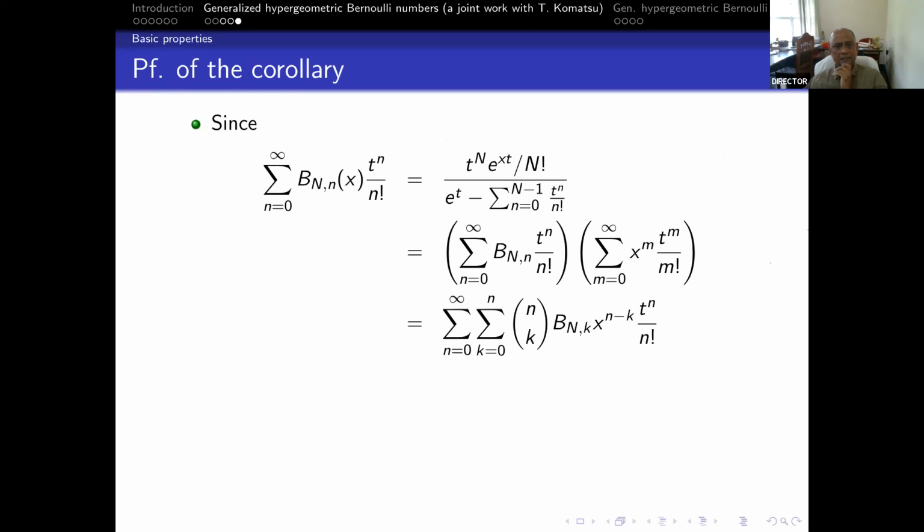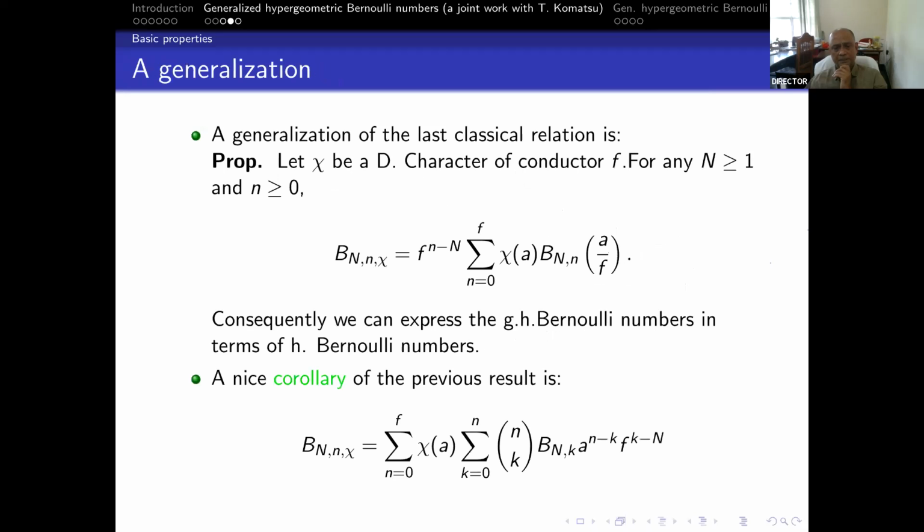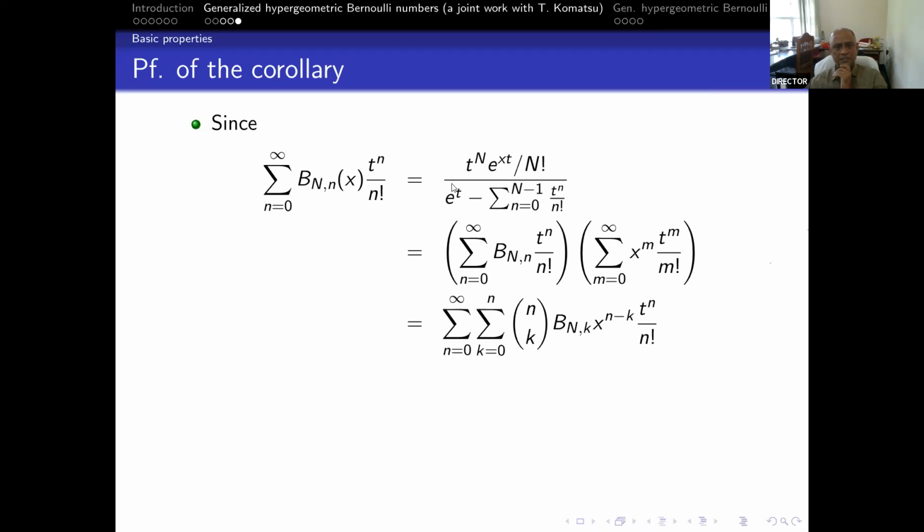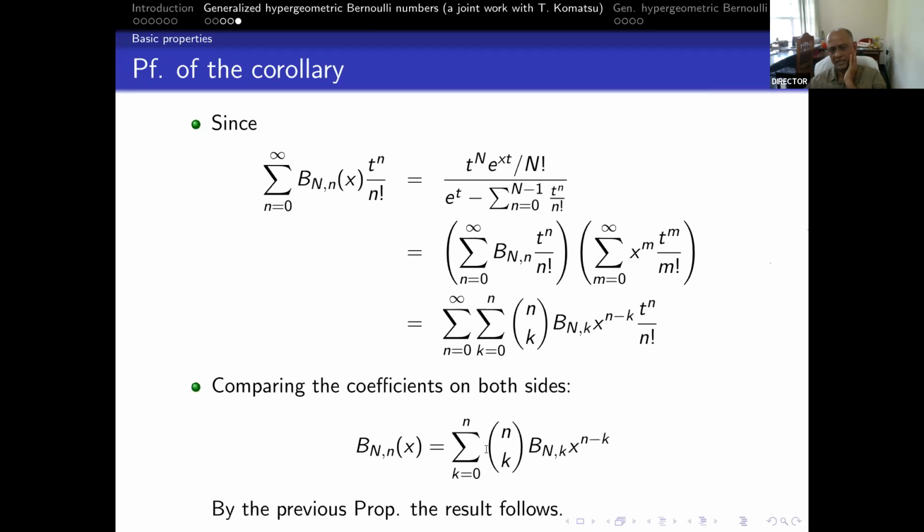The proof is pretty easy, because you just go back to the definition, expand this exponential function and write it into sums, collect the coefficients, compare the coefficients on both sides, and you will have the relationship. The proposition has to be used. So these are not difficult to prove.